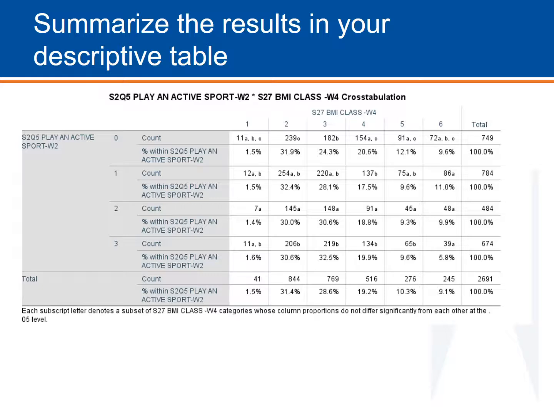You have more in the level 2, so you have 31.9, 32.4, 30, and 30.6% of the population in the normal weight category, and a large majority of the population is in the overweight, obesity 1, 2, and 3 level categories. So this table helps me make decisions about where to keep my cutoffs.